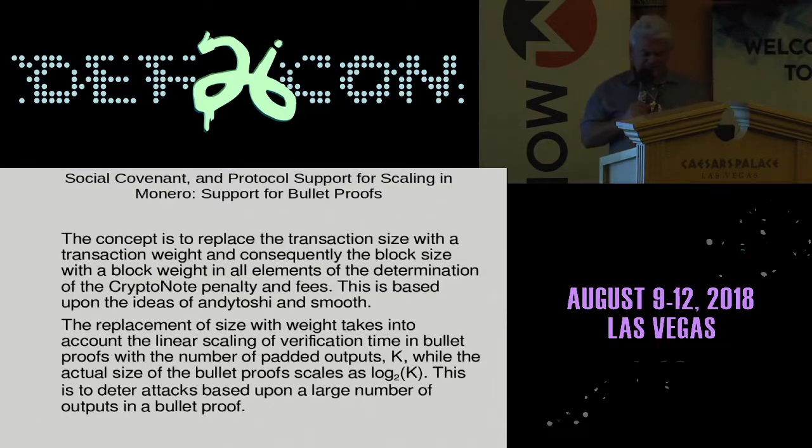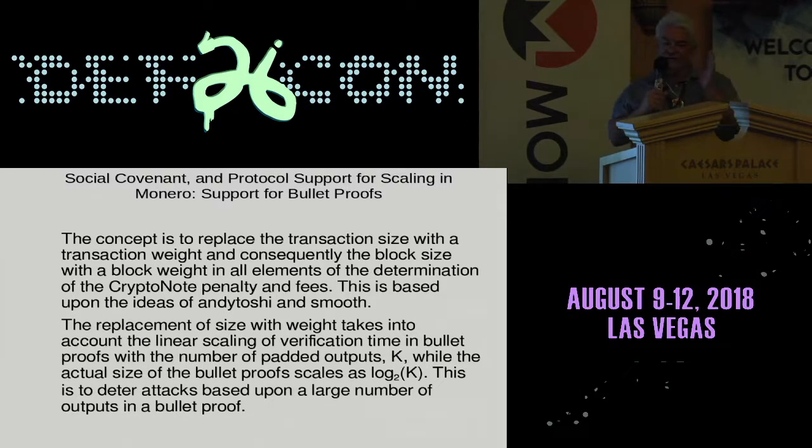Okay, so the next question here, and this is a bit of an aside, is Monero's, of course, planning to put bulletproofs in. Now, bulletproofs have a very interesting characteristic, and that is that they have a verification time that scales with the total number of outputs. And by outputs, I'm also including the padded outputs that have to be put in.